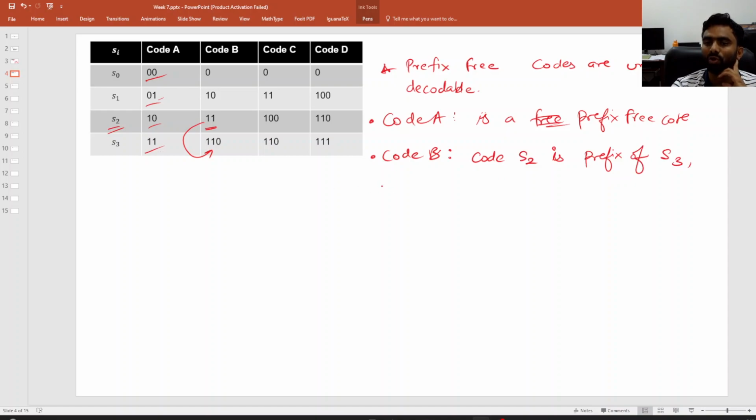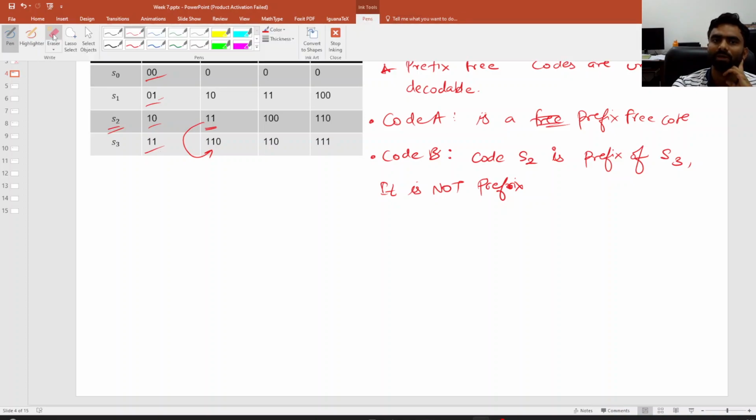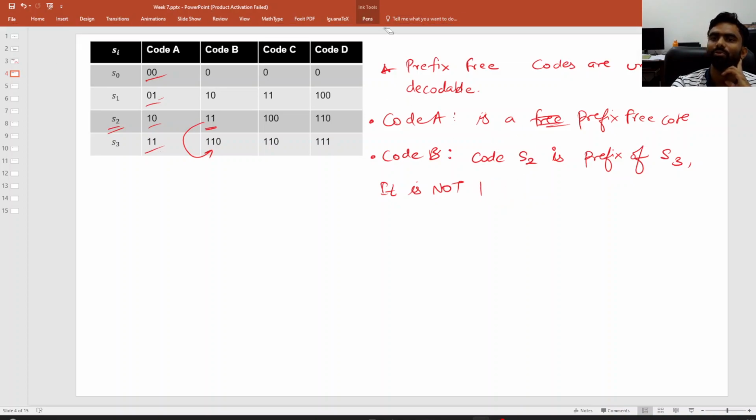That's why it is not a prefix free code. Therefore, it is not uniquely decodable.